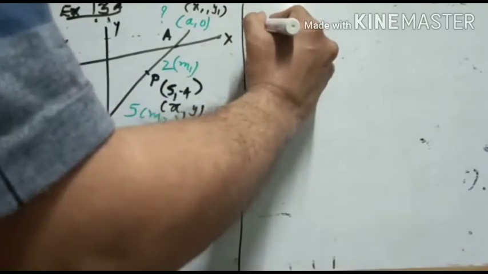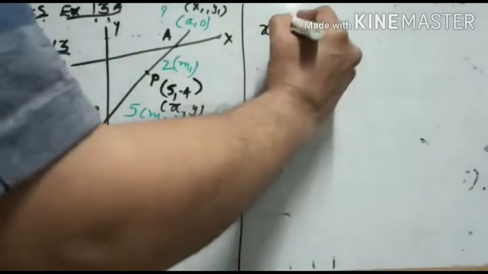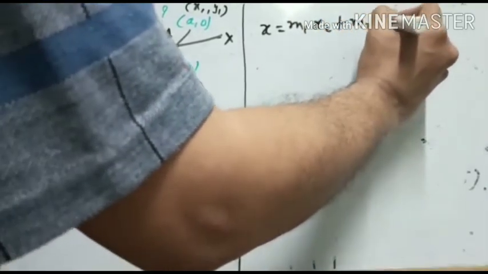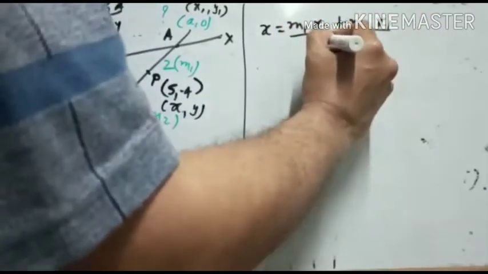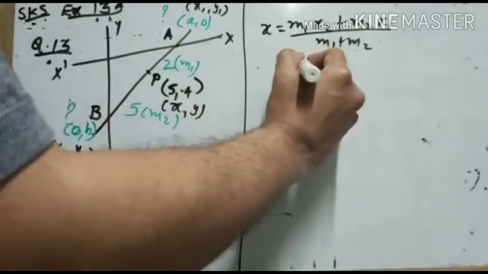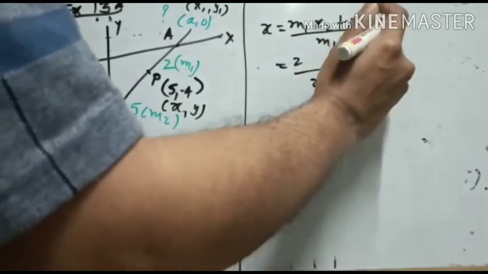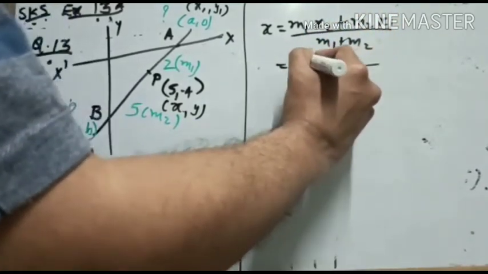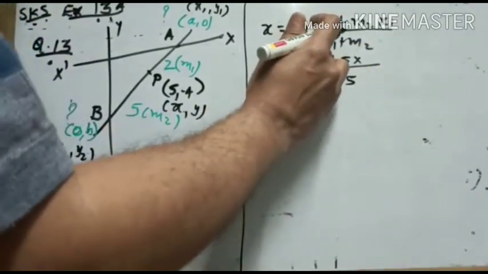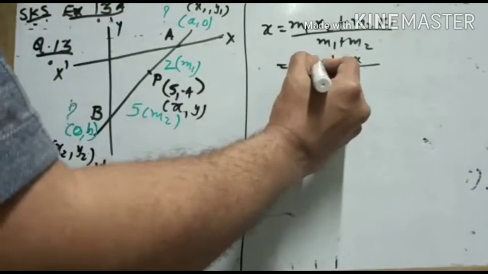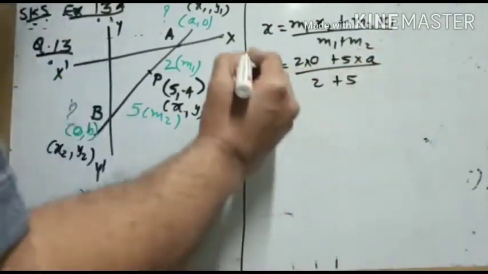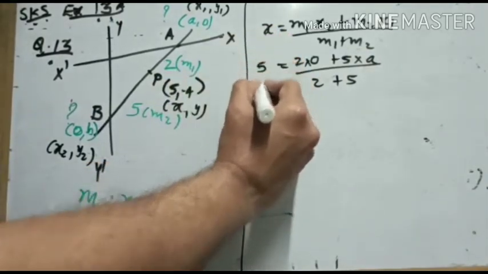So if I want to talk about x, x will be equal to m1 x2 plus m2 x1 whole divided by m1 plus m2. m1 that is 2 plus m2 is 5. x2 is over here 0 plus x1 here, and the value of x is known to us as 5.